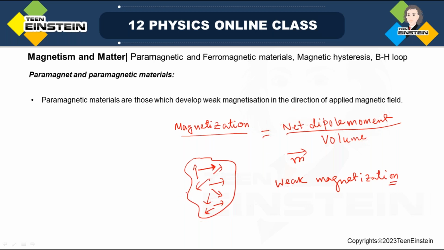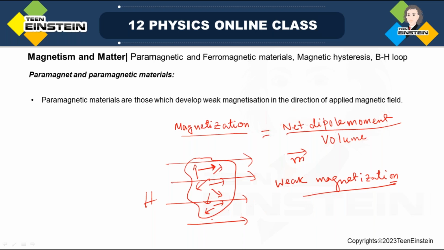We will discuss this very soon during the discussion of origin of paramagnetism. When we place a paramagnetic material in a magnetizing field, if you apply magnetizing field H, then it develops weak magnetization. That means the dipoles will have a very small contribution along the field direction.